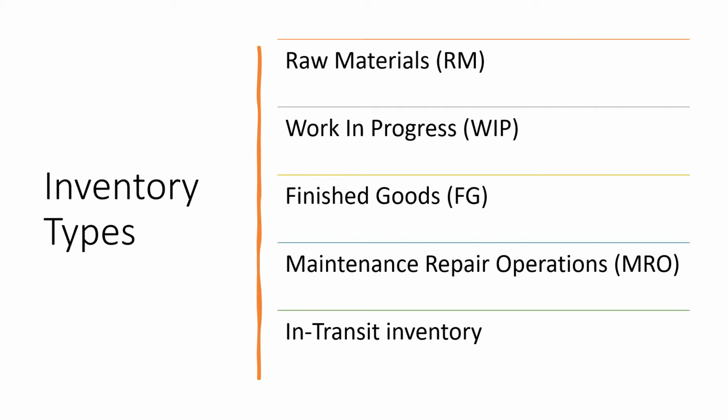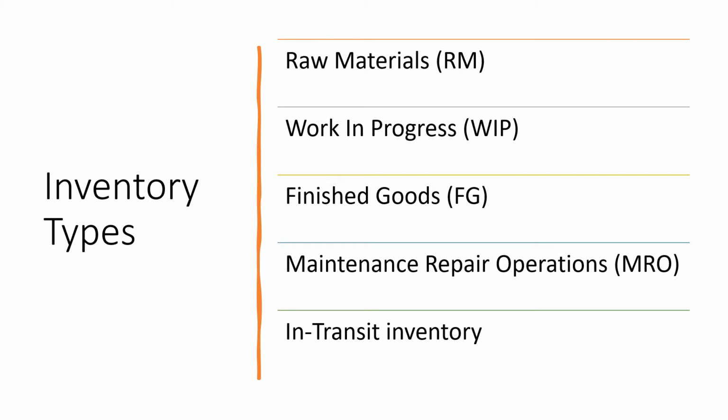This could be any item which is partially finished, or even items which are almost complete but are waiting for quality checks. The item becomes a finished good only when it is available for sale to the customer. So, as I mentioned earlier, work in progress items which are almost finished goods but awaiting quality control are still work in progress. Once they are available to be sold, only then are they called finished goods.